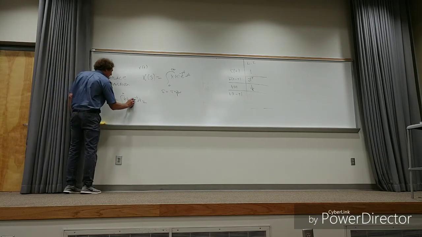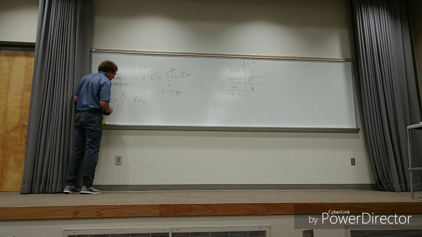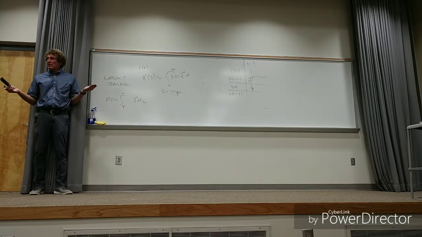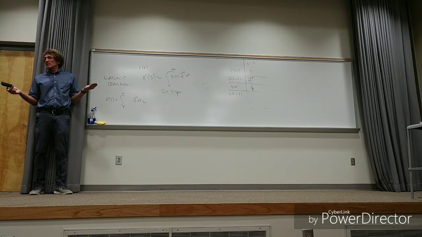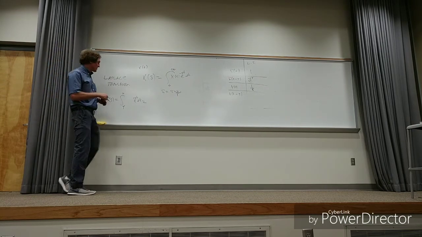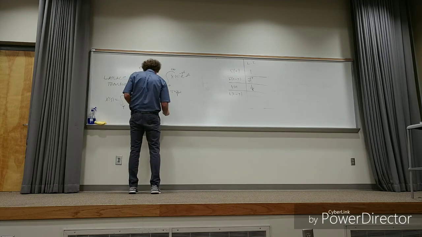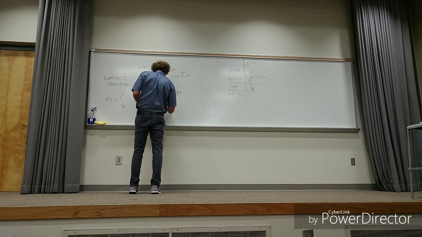How about I alter that integration to start at tau? Do you agree with me, class? Because it's 0 less than tau, correct? Now, what is that going to be? It's pretty obvious. Now I'm going to have minus 1 over s, e to the minus st, and now here t goes from tau to infinity.